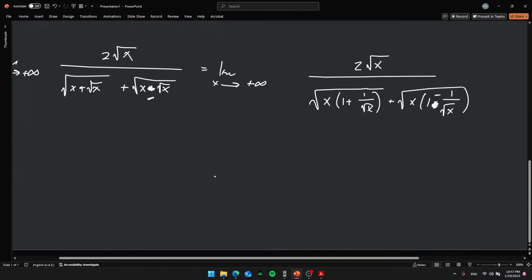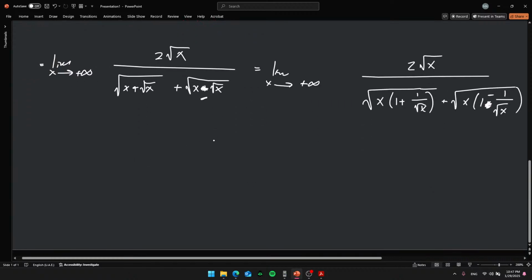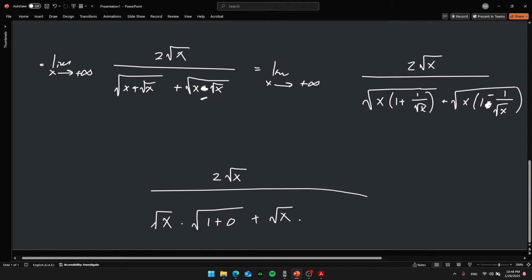Okay. Now as x approaches infinity, this one becomes 0. So 1 plus 0 plus, this also becomes 0. 1 minus 0.